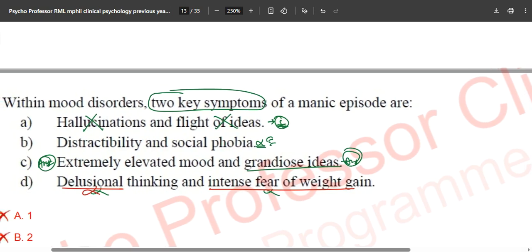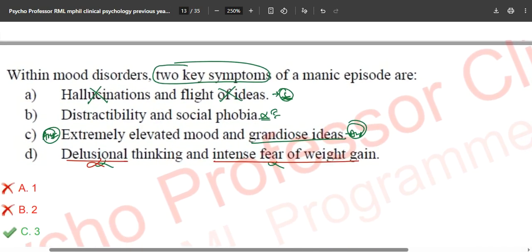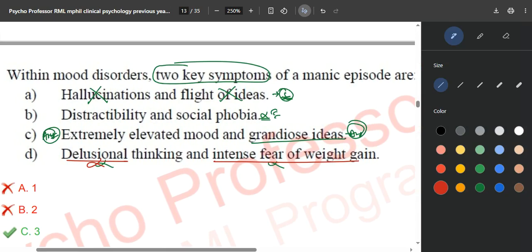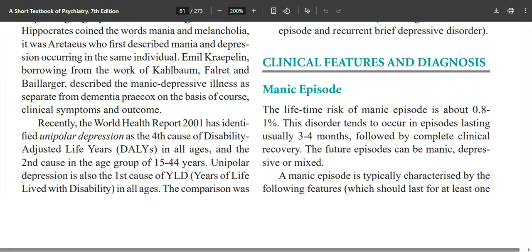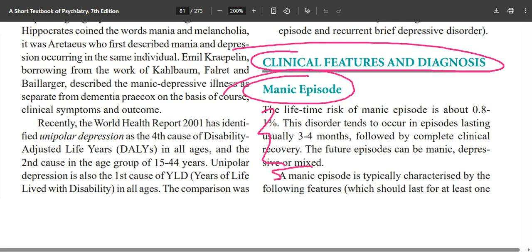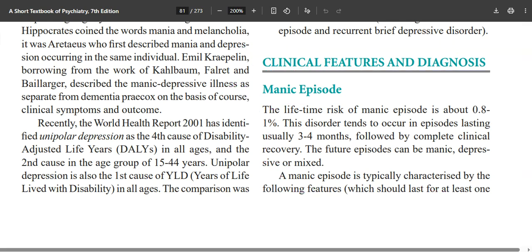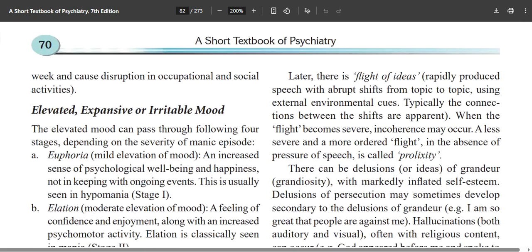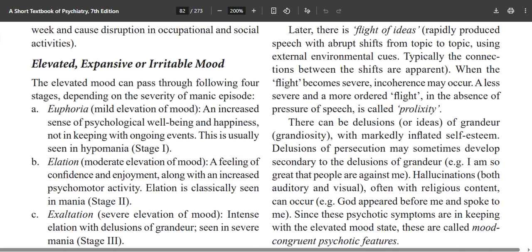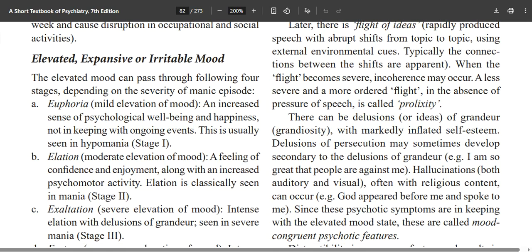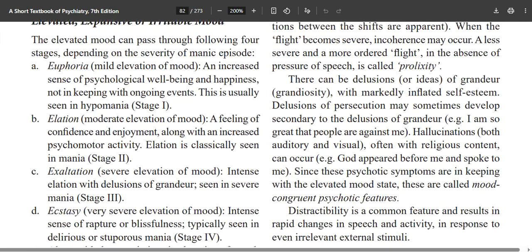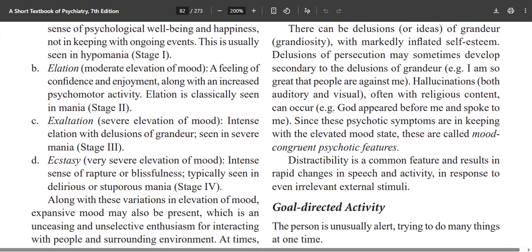The correct answer is extremely elevated mood and grandiose ideas, as you can see over here, and where you can read this thing, none other than the book. Clinical features and diagnosis. A manic episode, read this. There is elevated, expansive or irritable mood, euphoria, moderate elevation, exaltation, severe elevation and very severe ecstasy.